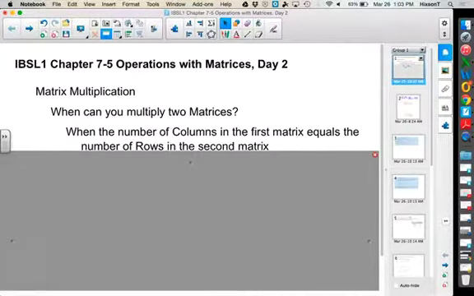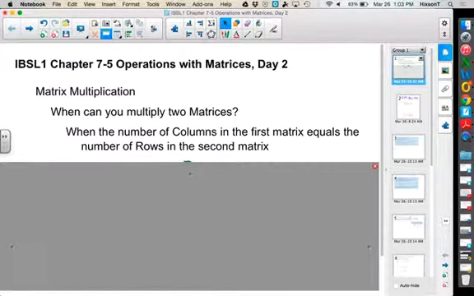To put it in general terms, you have to have the same number of columns in the first matrix as you have rows in the second matrix. Okay?